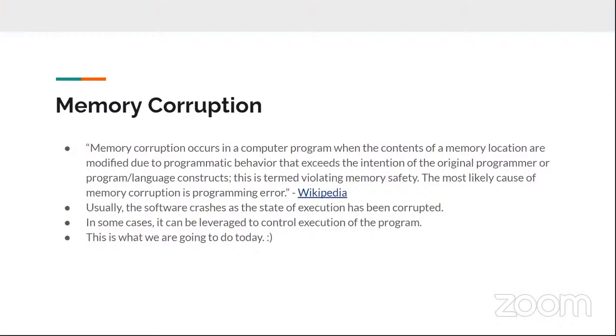Now, usually what happens is when a software encounters memory corruption, the program crashes. The reason for that is there are some important memory locations which are used to control the execution path of the process. Now, what happens if you change the execution path?